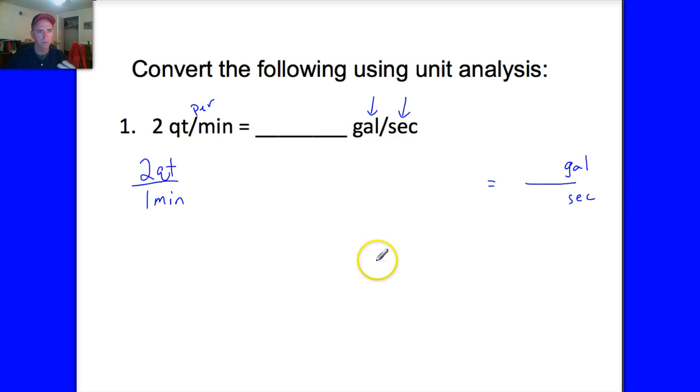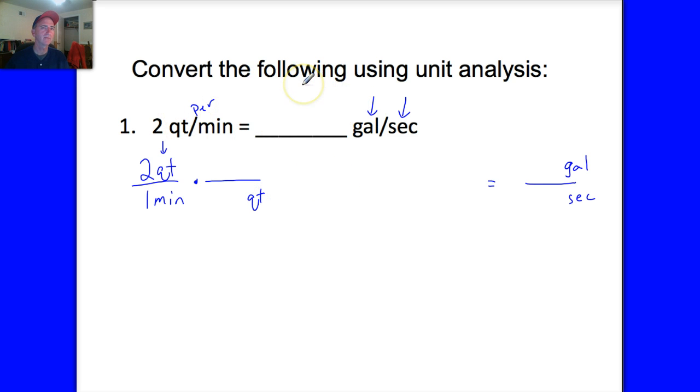So that's what's happening. We're actually doing 2 conversions here. So let's just focus on the quarts first. And we're going to basically do the same thing we did in the last video. In the last video, the first thing that we want you to do is identify what this label is and match it right there. We want to change the quarts to gallons.